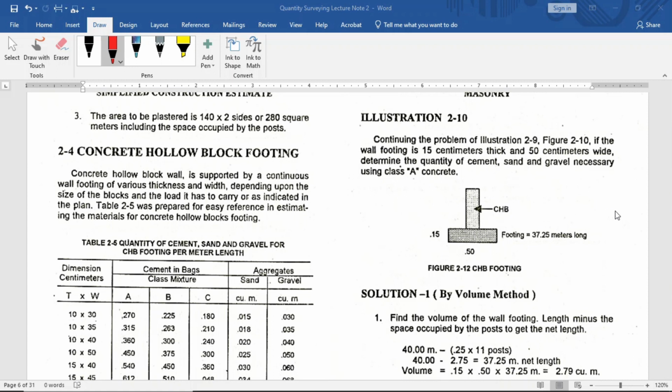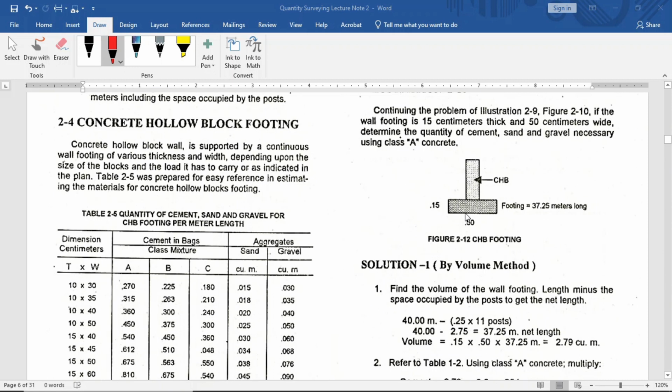So, continuing the problem in illustration 2-9, figure 2-10, if the wall footing is 15 centimeters thick and 50 centimeters wide, determine the quantity of cement, sand, and gravel necessary using Class A concrete.